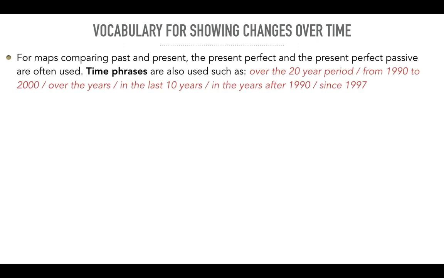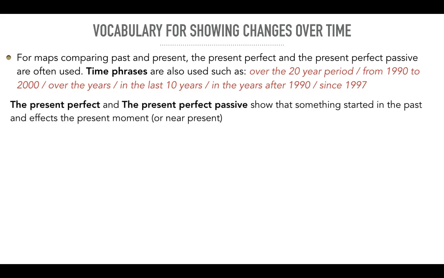Now, for maps that compare the past and the present especially, the present perfect or the present perfect passive is often used, and time phrases need to be used, like over the 20-year period, in the last 10 years, or since 1997, that kind of thing.